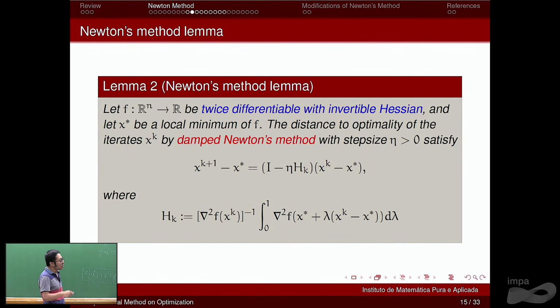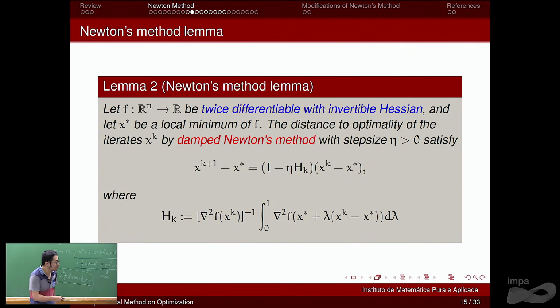We also assume x star is a local minimizer of f, and the distance to optimality of the iterates generated by the Newton method, with a step size greater than 0, no matter whether fixed or not, satisfies this inequality, where we have the definition of hk like this. Actually, if you delete x star on both sides of this relation, you just recover Newton's method.